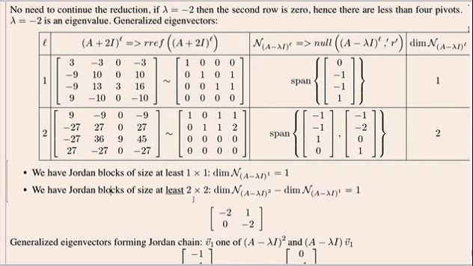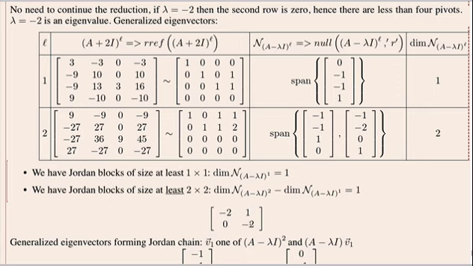So we have Jordan blocks of size at least 2 by 2. That's the dimension of the null space of A minus lambda I squared minus the dimension of the null space of A minus lambda I to the 1. So it's 2 minus 1, which is 1. So we have a Jordan block of size at least 2 by 2, one of them.